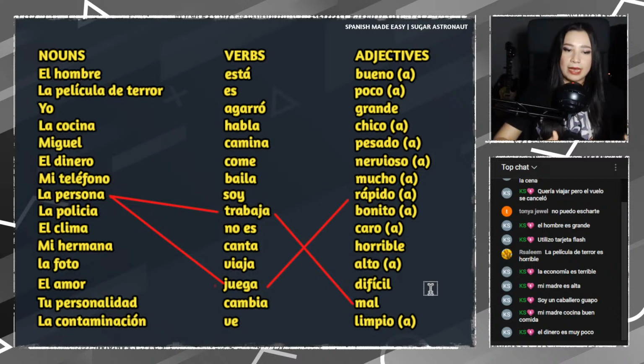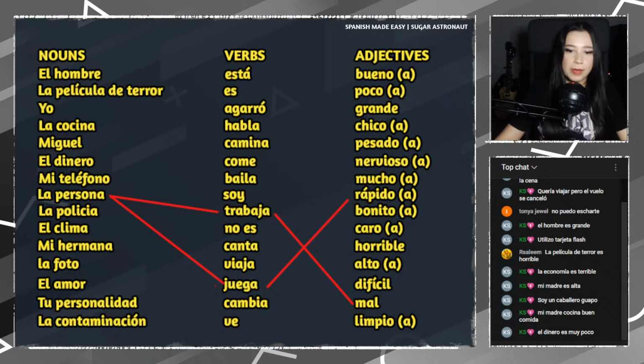When talking about the opposite, badly or not too good, then you can use mal. Okay? La persona trabaja mal. The person doesn't work well, or works not too good, not that efficient.